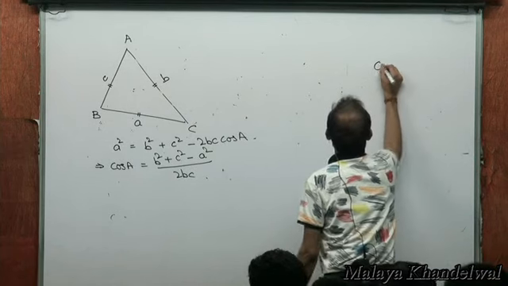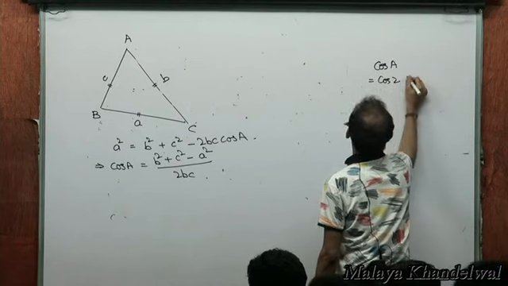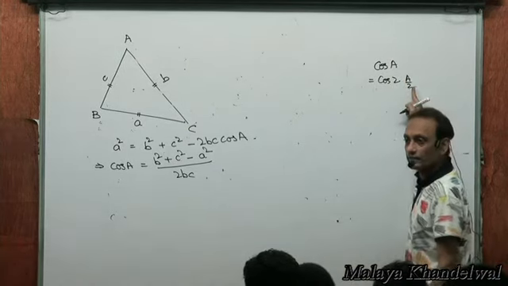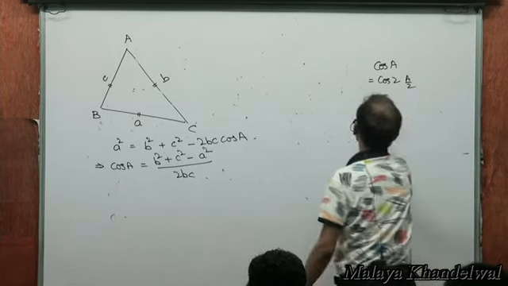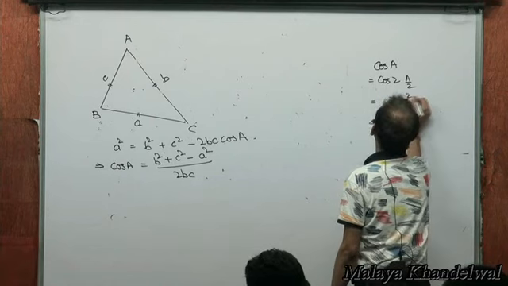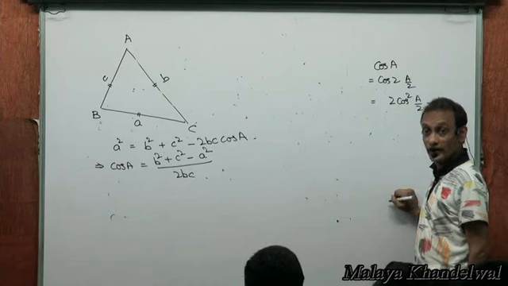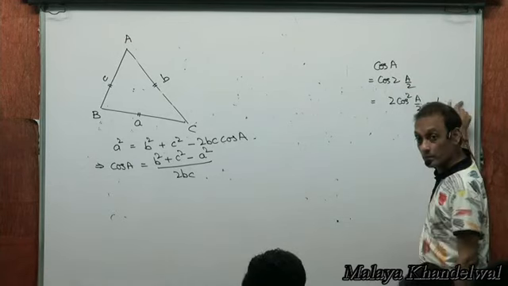Now, cos A is actually cos 2 into A by 2. Cos 2 theta is 2 cos squared theta minus 1, which is 2 cos squared A by 2 minus 1. Yes or no? Cos A is cos 2 theta, which is 2 cos squared theta minus 1.